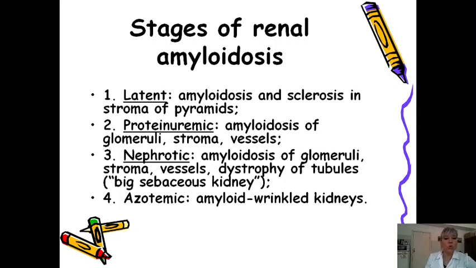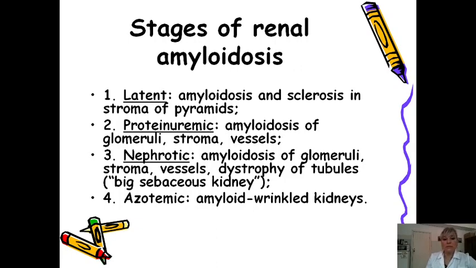The next, nephrotic stage, amyloid accumulates in the glomeruli, in the stroma, in the wall of large vessels with secondary dystrophy of tubules. We see large sebaceous kidneys. Those kidneys are increased in size, very, very solid, consistent, and pale on incision.